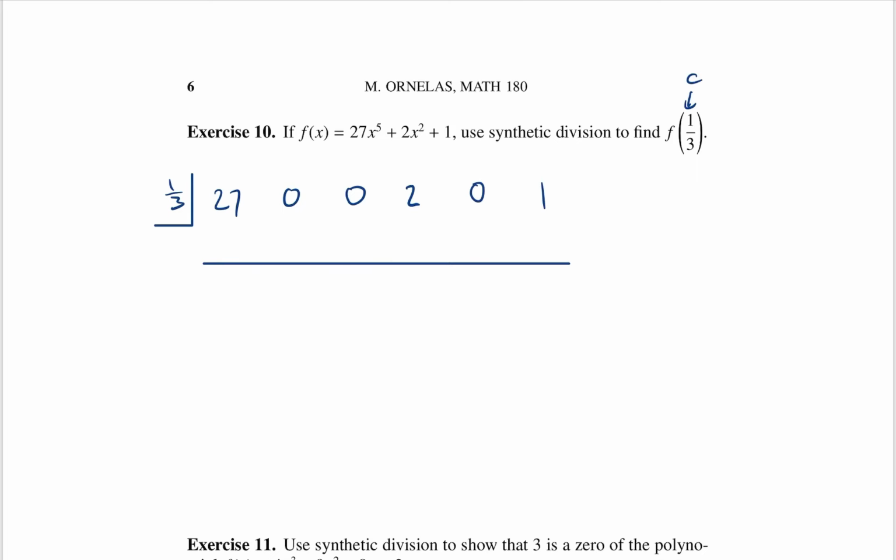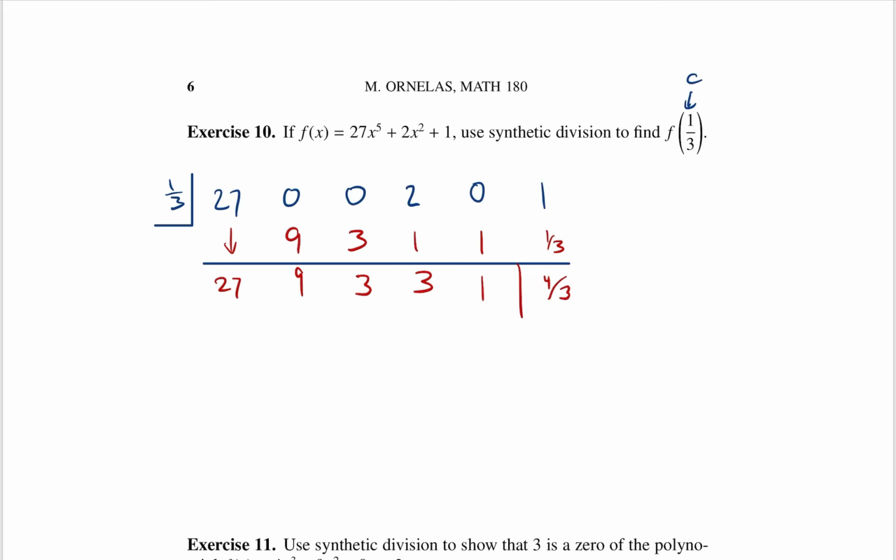Draw our straight line, drop the first number, and we multiply. That's going to be 9. And then we add. We multiply, that's going to be 3. Then you add. Multiply, you get 1. Then you add. Multiply, you get 1. Add. Multiply, you get a third. Add. You get 4/3. 1 plus 1/3 is 4/3.